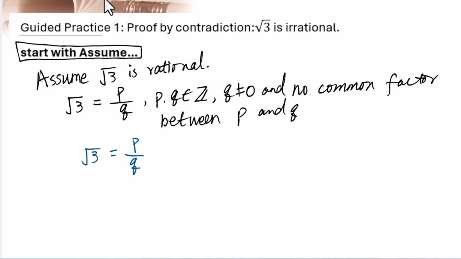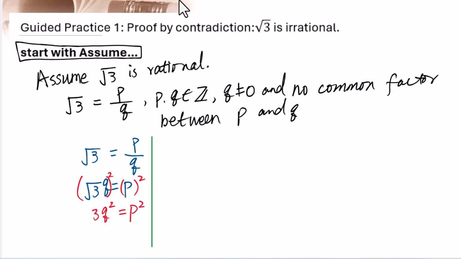Square root of 3 equals P over Q. First of all, get rid of the denominator, times Q both sides. So we get square root of 3 Q equals P. Then square both sides because we want to get rid of the square root symbol. 3Q squared equals P squared.